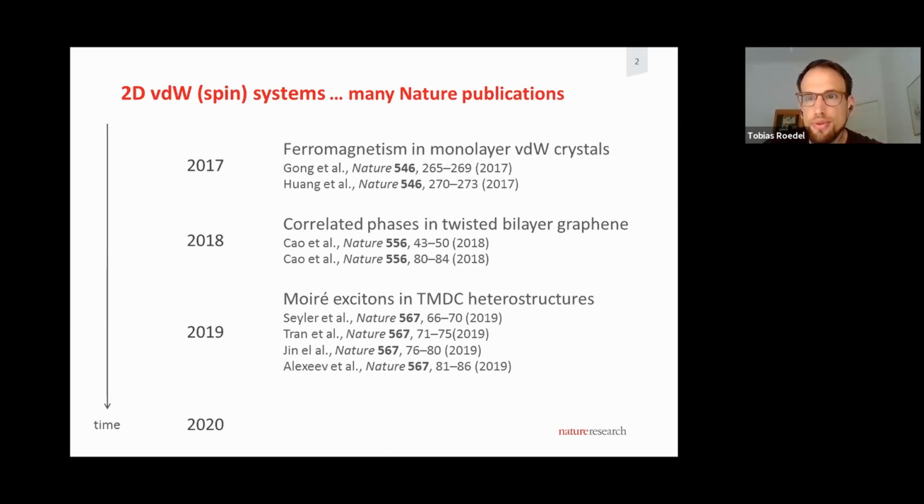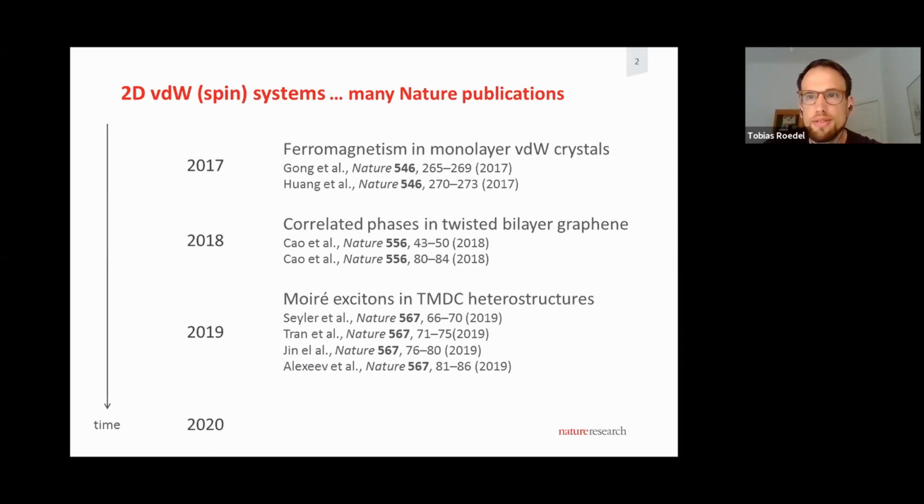And then the following year, in 2018, we published this seminal work by the MIT group on correlated phases in twisted bilayer graphene. Just these 4 papers are a nice example that now you can study all kinds of different phenomena and physics in 2D van der Waals systems.